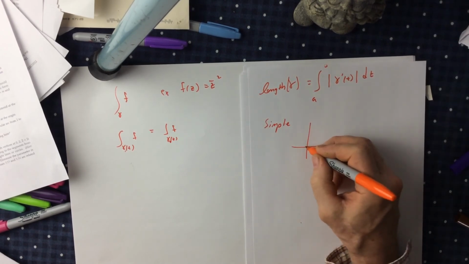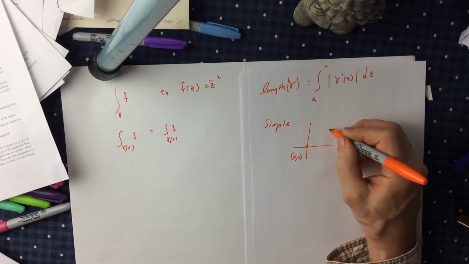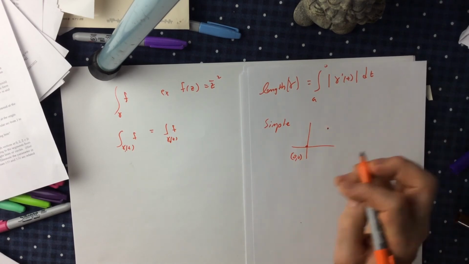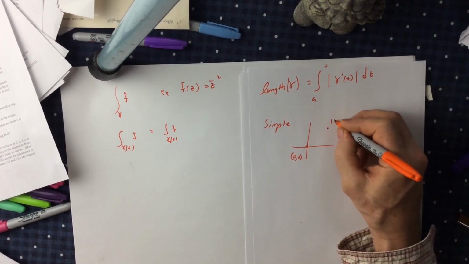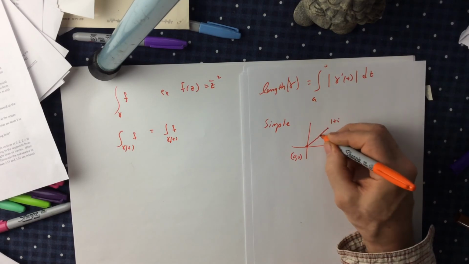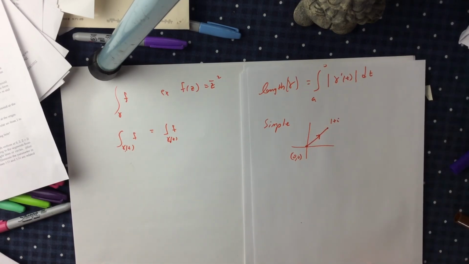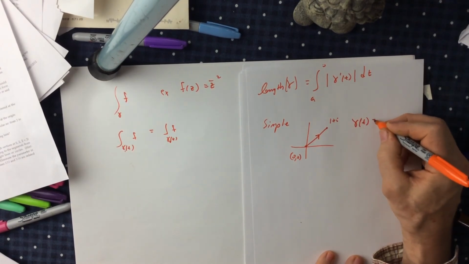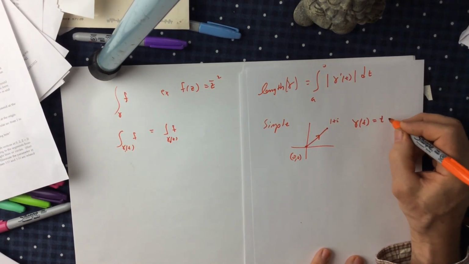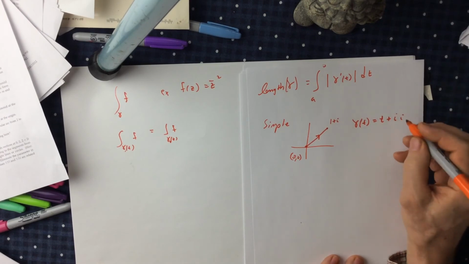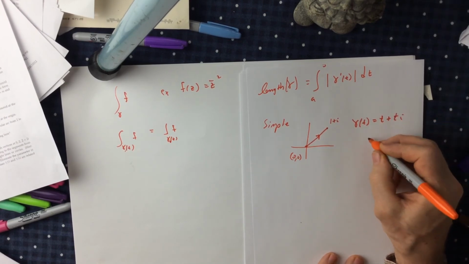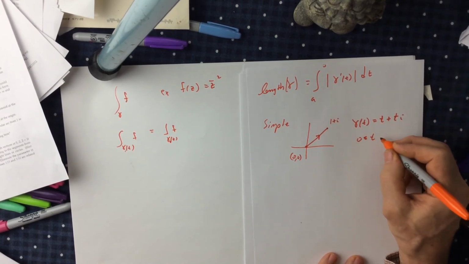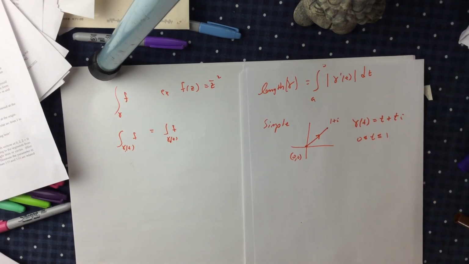So let's take a very simple path going from 0, which is 0 complex, to 1 plus i in a straight line. This parametrization we've done several times: gamma of t is equal to t plus ti, and we let t vary between 0 and 1. So we move from 0 to 1 plus i in a nice, smooth process.